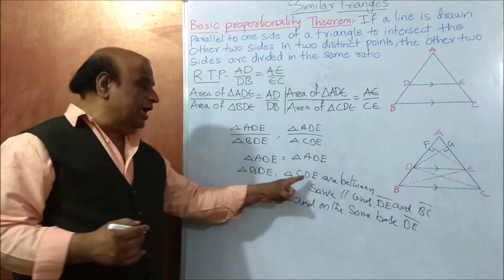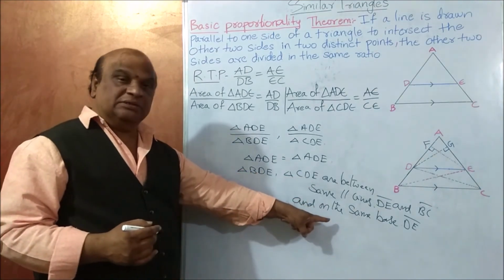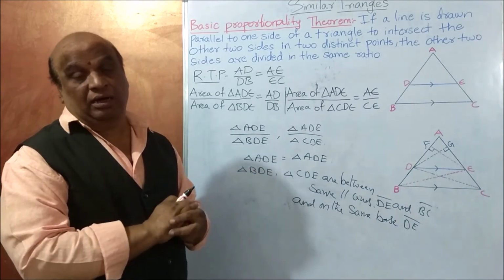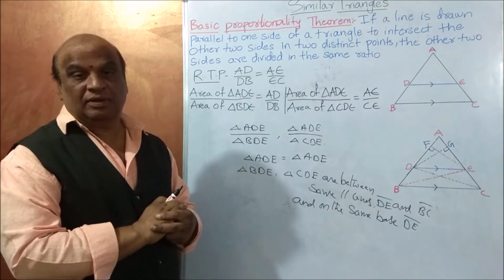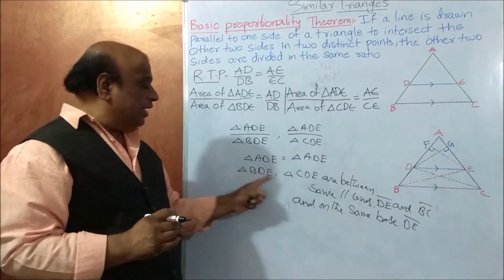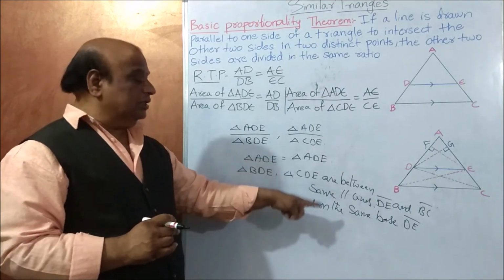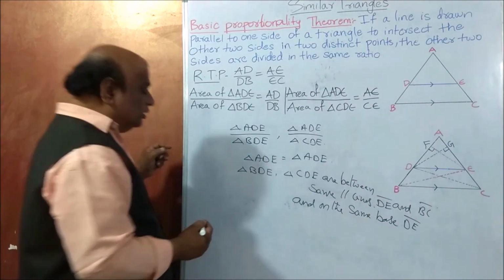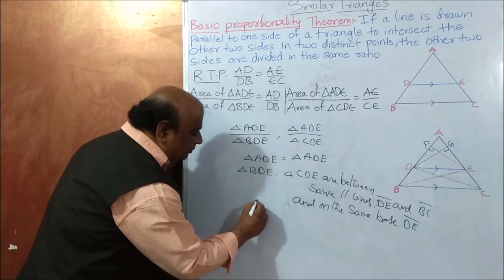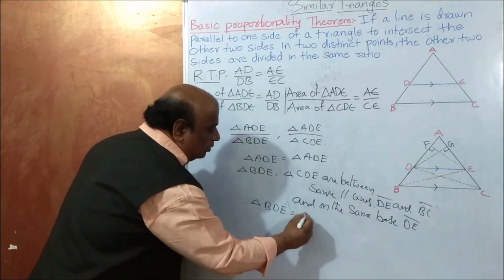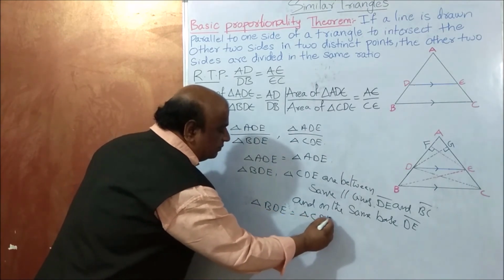If two triangles have the same base and are between the same parallels, they are equal in area. So these two triangles are between the same parallel lines and on the same base. Therefore, triangle BDE is equal to triangle CDE.